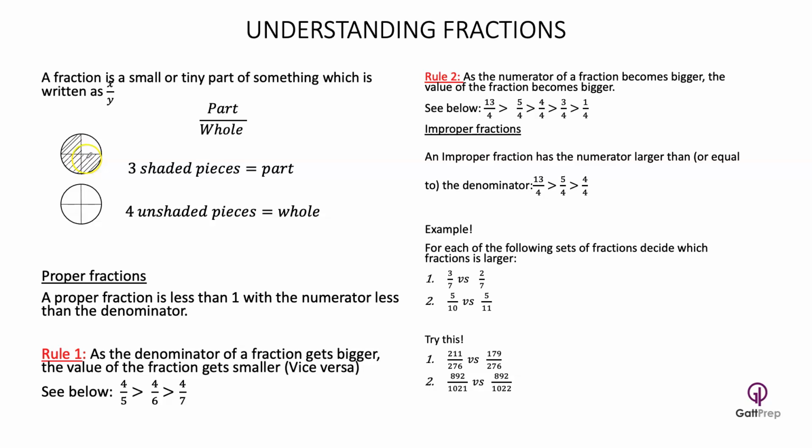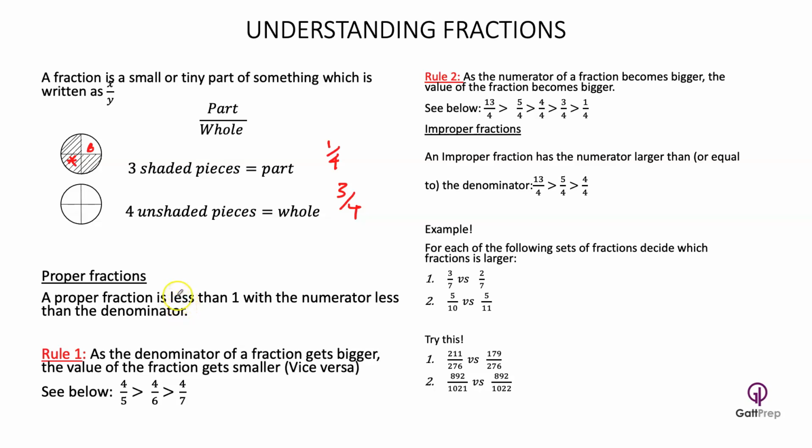So here, essentially, if these 3 pieces, the shaded portion, go to customer A, and this 1 piece goes to customer B, then it means out of the 4 pieces, customer B gets 1 piece, and the fraction will be what? 1 over 4. And the fraction that goes to customer A will be 3 over 4.